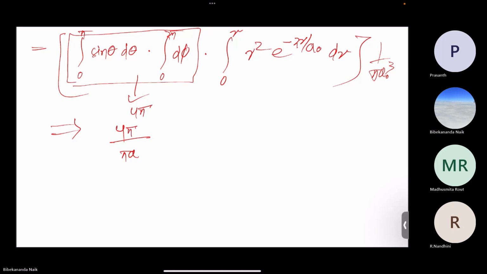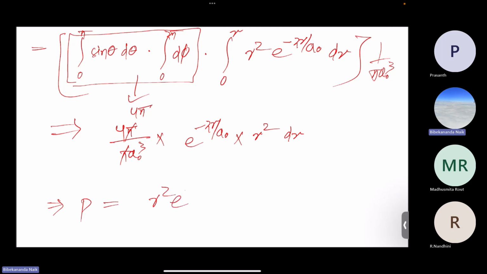So pi gets cancelled out. So the probability is 4 by a0 cube into r square e to the power minus 2r by a0 dr. So this is the probability.